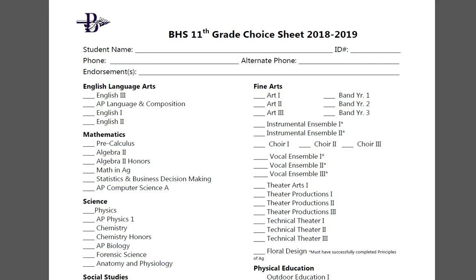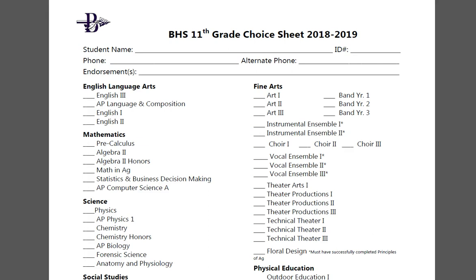Under the science, as sophomores, you should be wrapping up either biology or chemistry. If you're coming out of chemistry, you're going to go into physics. You will either take physics or AP Physics. Again, with AP Physics, you're going to be expected to complete a summer assignment. And again, that's on that weighted scale, and you're going to be expected to take that AP exam.